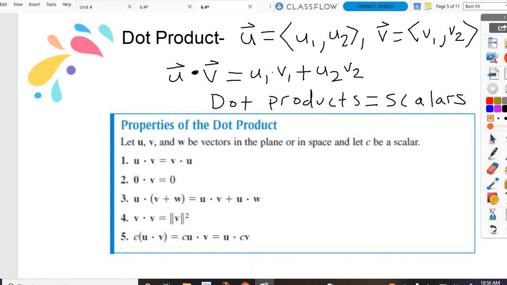We can also kind of think about it like distributing. So we are allowed to distribute dot products within addition. Something dot product with itself is its magnitude squared. And then if we have scalar multiplication, we can either do the dot product first and then multiply by the scalar, or we can multiply the scalar to one of our vectors and then dot product. Either way.